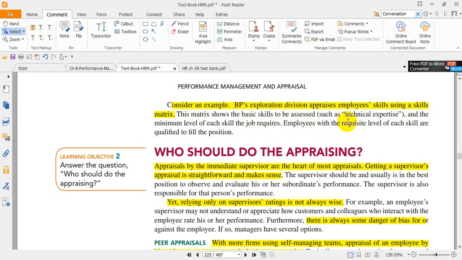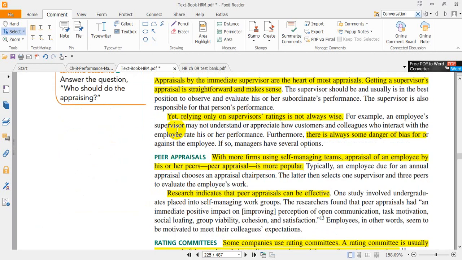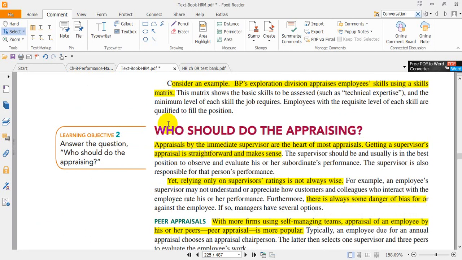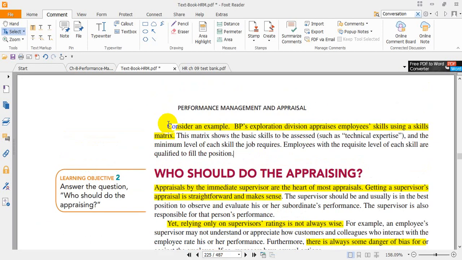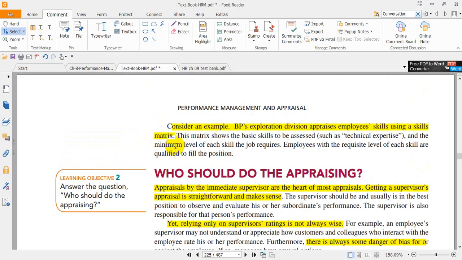Employees with the requisite level of each skill are qualified to fill this position. This is a simple example of a competency matrix, competency-based appraisal.